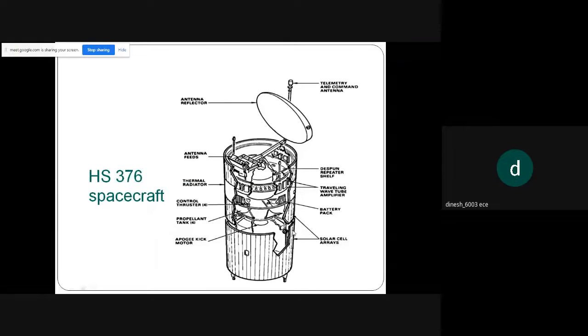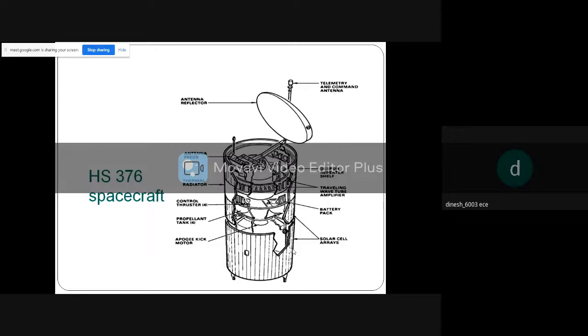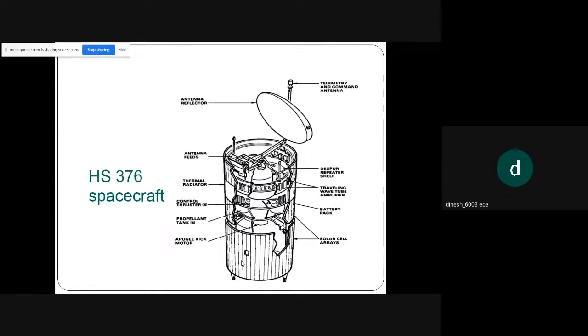The solar cell arrays supply power whenever the sun is present. When the satellite goes into eclipse, the battery will operate. So this is the structure of the HS-376 spacecraft.